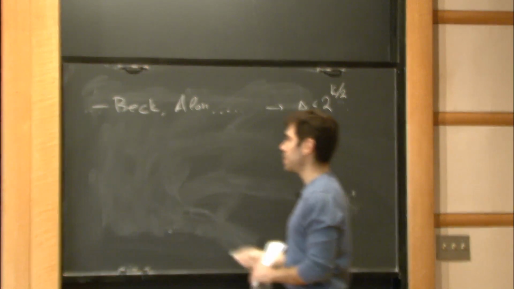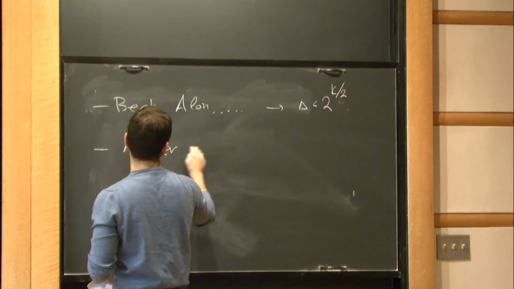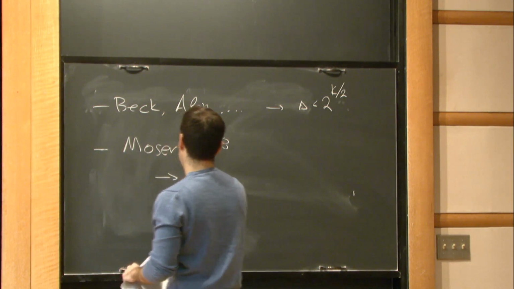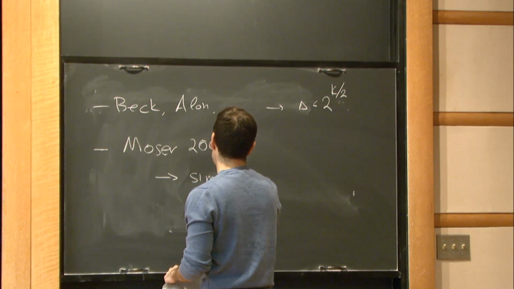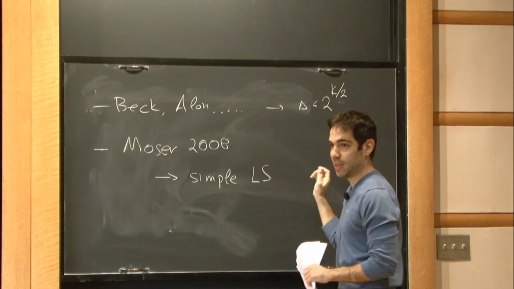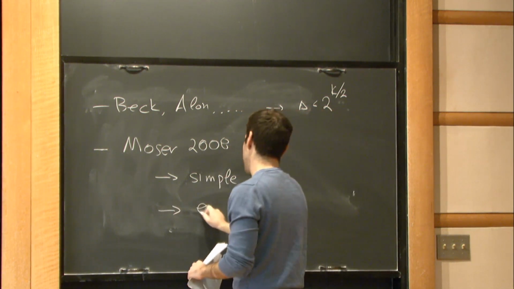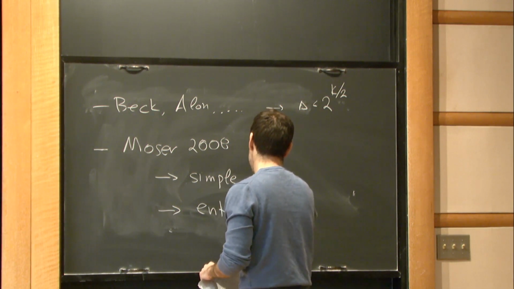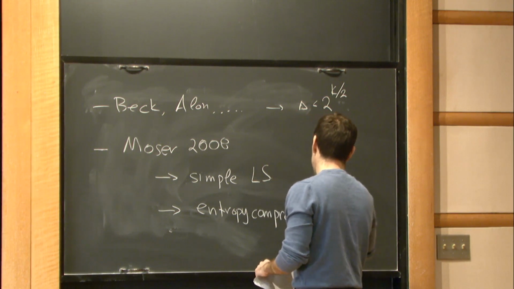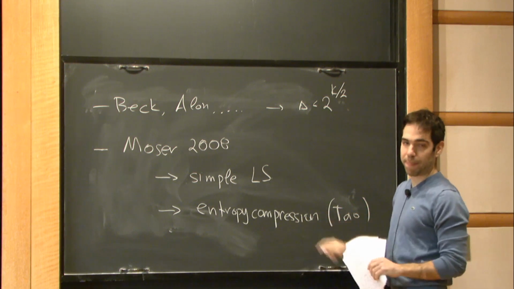Okay, and then in 2008 there was a breakthrough by Moser. Okay, that showed that basically a very simple local search algorithm can go all the way. And he introduced this super cool argument called the entropy compression argument. Okay, so this name is by Terence Tao, where he blogged about it.